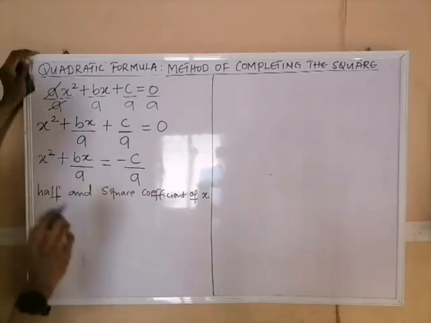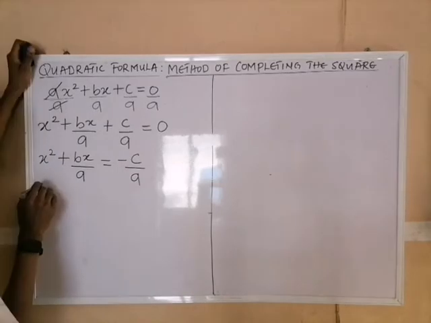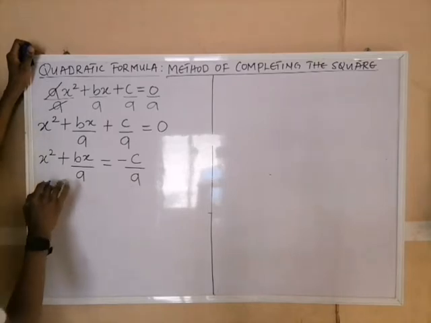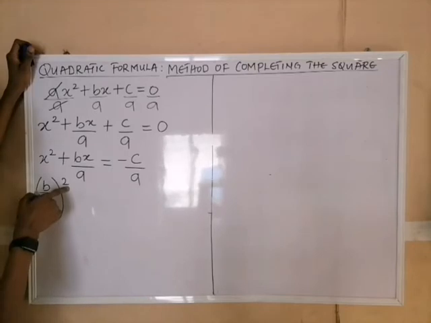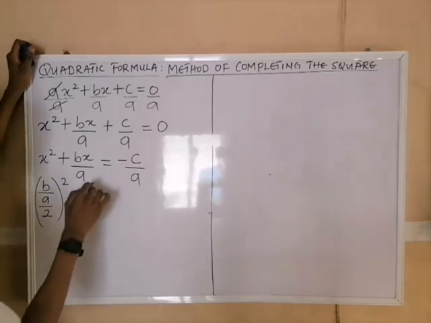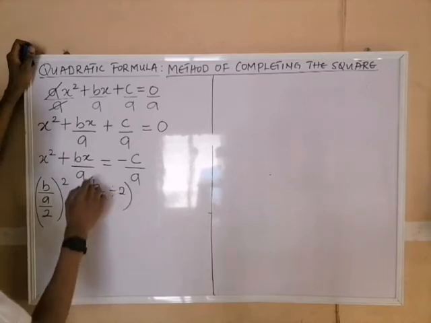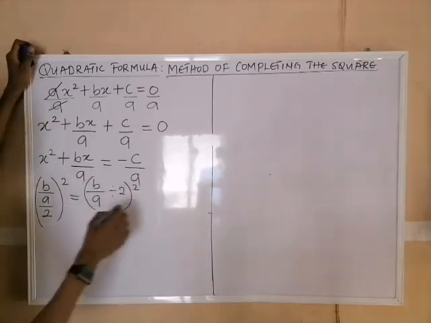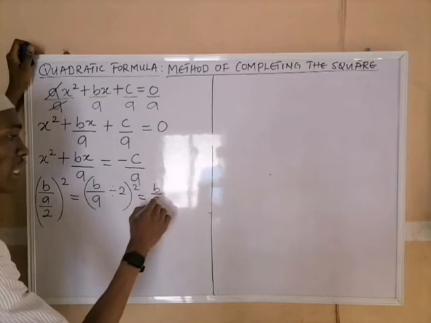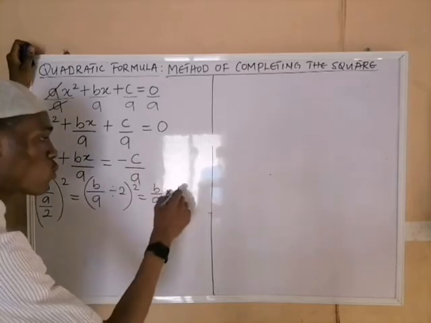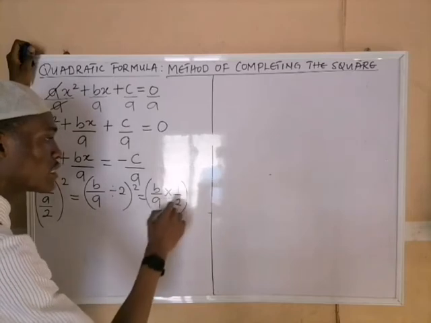So I want to half and square its coefficient. The coefficient is b over a. If I half it, it means I'm going to divide it by 2, and I'm going to square it. So it becomes b over a divided by 2, which is b over a times 1 over 2, still squared.